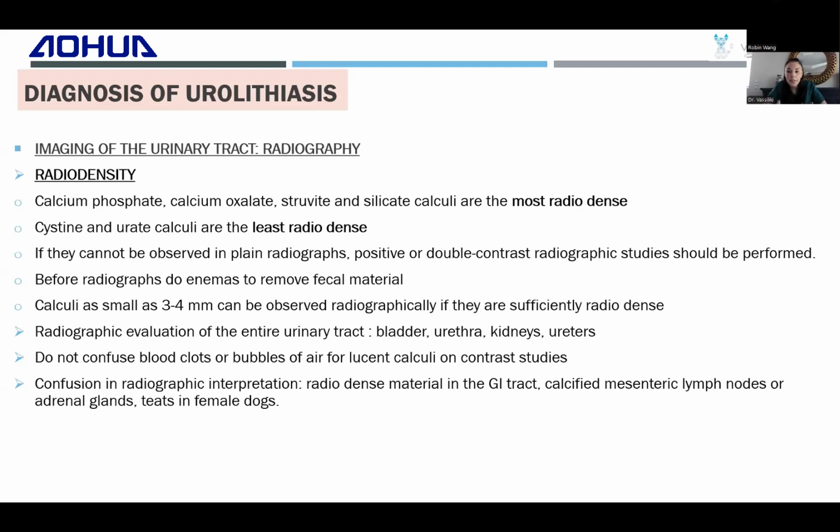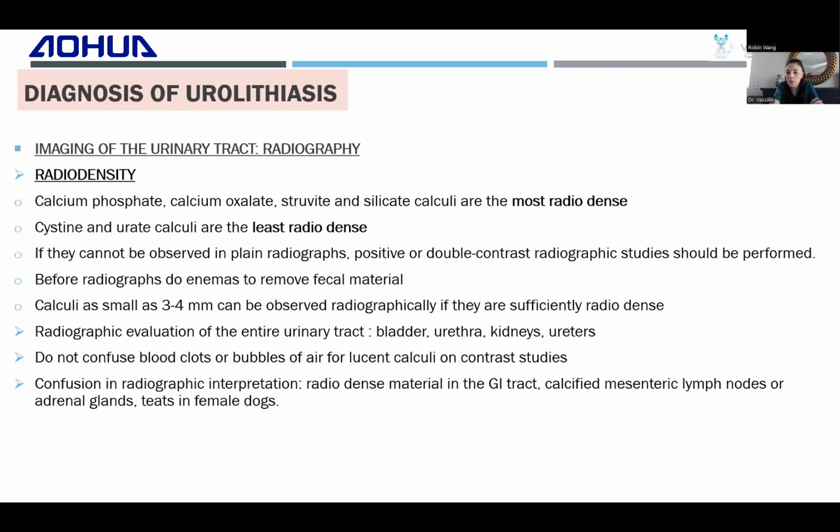But if you take a urine sample, you might see the biurate crystals and you might diagnose it earlier, even before the urate calculi are there. So these are the least radiodense, and we might miss them unless we do frequent monitoring urinalysis. If the uroliths cannot be observed in plain radiographs, then we can do positive or double contrast radiographic studies.